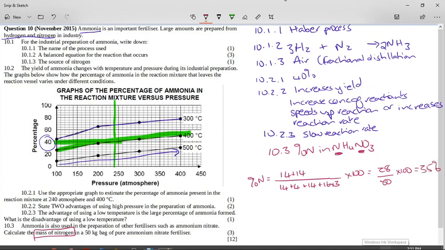So my whole 50 kilos is ammonium nitrate, but 35% of that is nitrogen. The mass of nitrogen is 35% of the whole mass of the bag. This comes to 17.5 kilograms if you put it in your calculator. This question's unusual in that the bag is pure fertilizer.